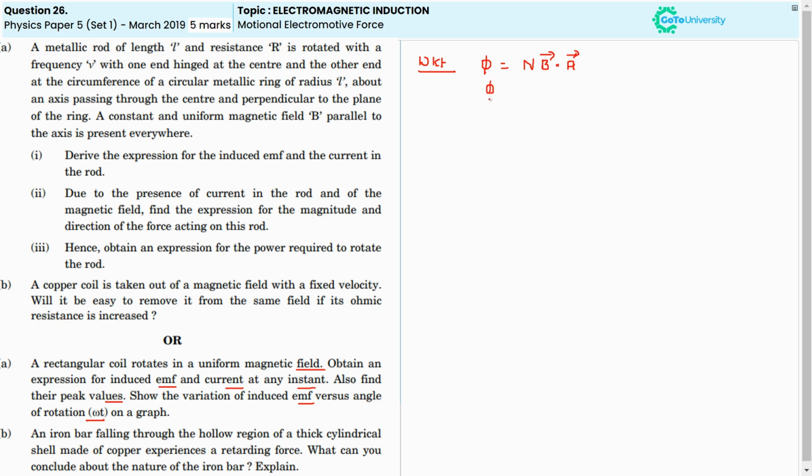Then phi is equal to N B A cos omega t, where epsilon is equal to minus d phi by dt, and epsilon is equal to N B A omega sine omega t.